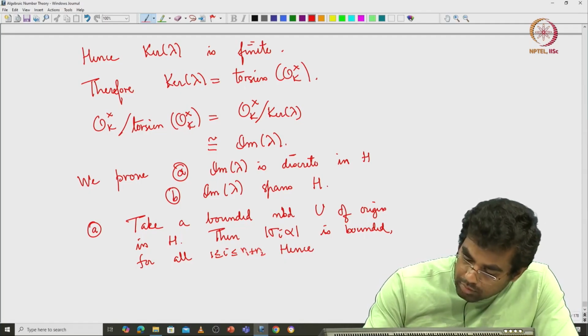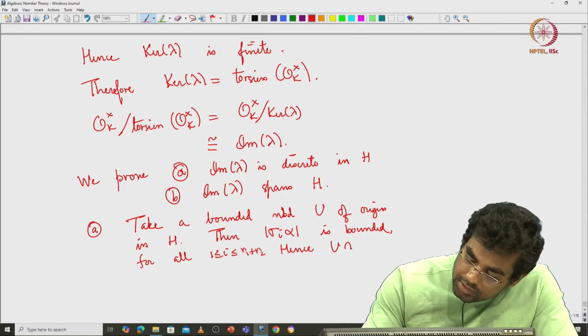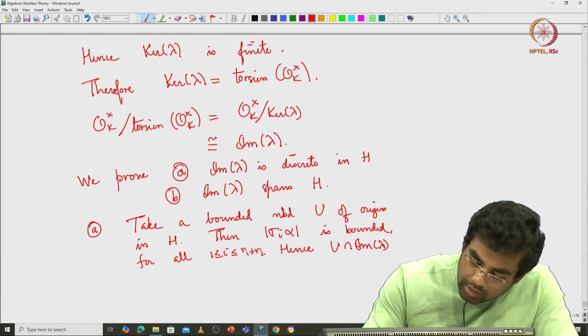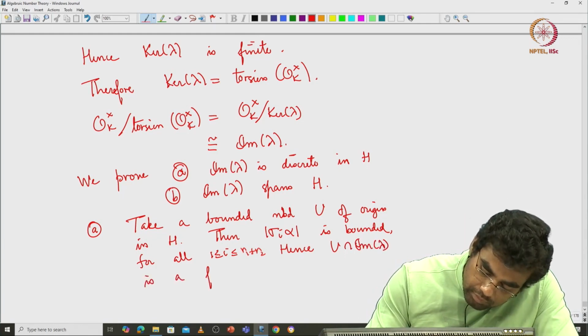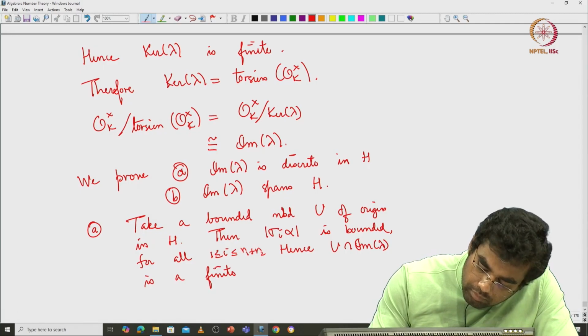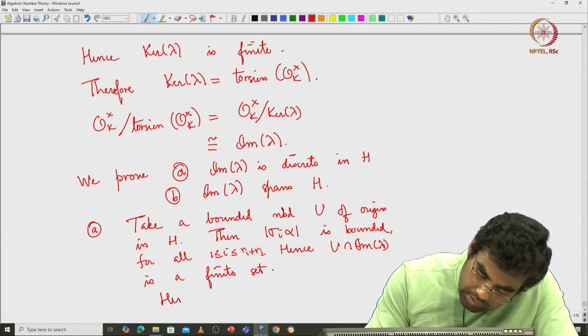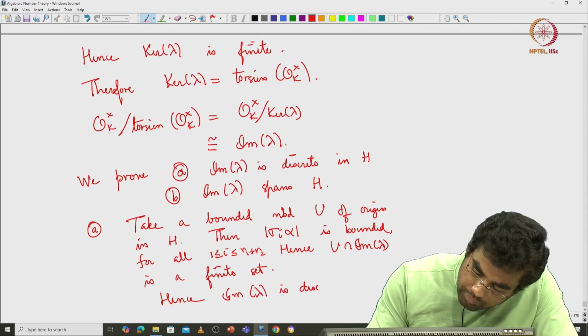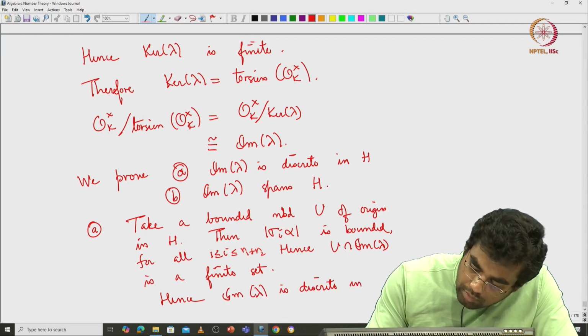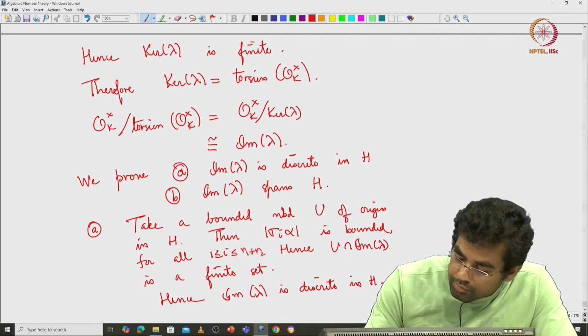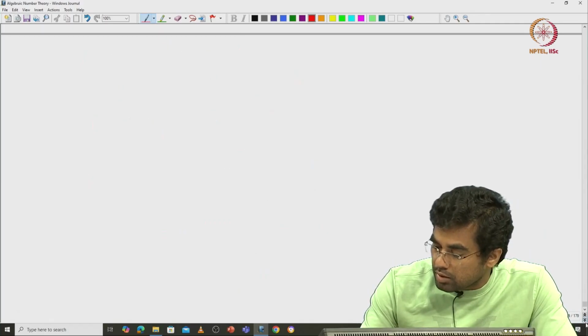Therefore, U intersected with the image of lambda is a finite set. And hence, the image of lambda is discrete in H. Okay. So, that is one.